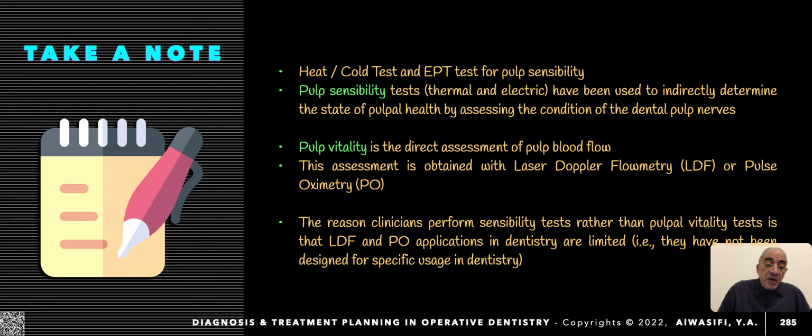This is the difference nowadays, according to the American Association of Endodontists: we use pulp sensibility, not pulp vitality, because pulp vitality is measured by other devices like laser Doppler flowmetry and pulse oximetry, which are now used to measure oxygen level in the blood of patients with positive COVID-19 tests, just to follow up the oxygen tension.